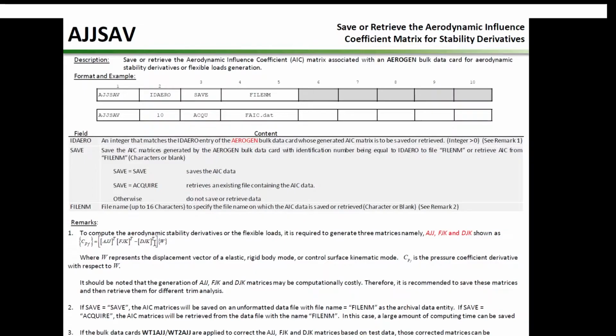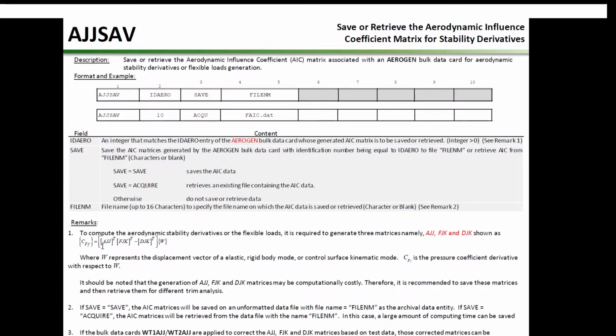So these 3 matrices can compute the derivative of the aerodynamic pressure with respect to a displacement vector. For example, if you give a rigid body pitch mode here and multiply by those matrices, it will give you the dCp by d alpha.